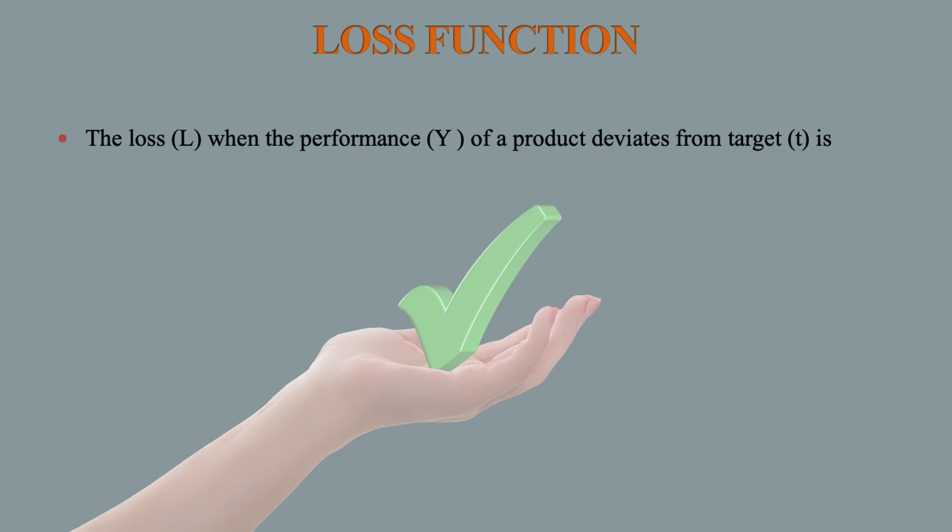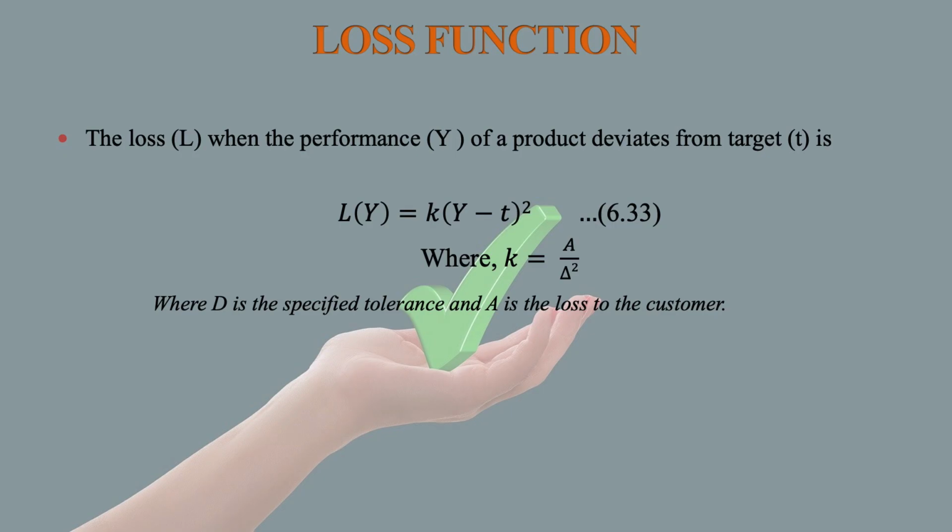In the Taguchi loss function, the loss L when performance Y of a product deviates from the target T is L(Y) = K(Y - T)^2, where K = A/Δ^2, where Δ is the specified tolerance and A is the loss to the customer.